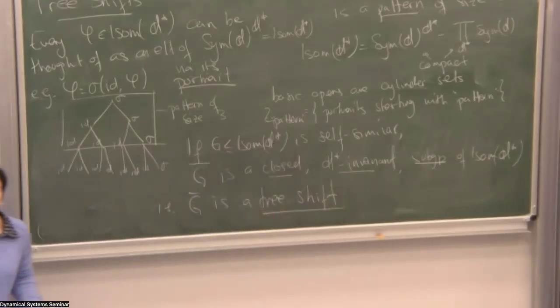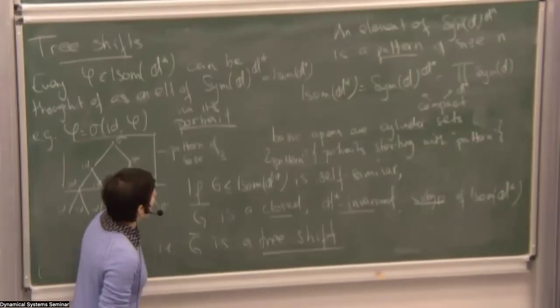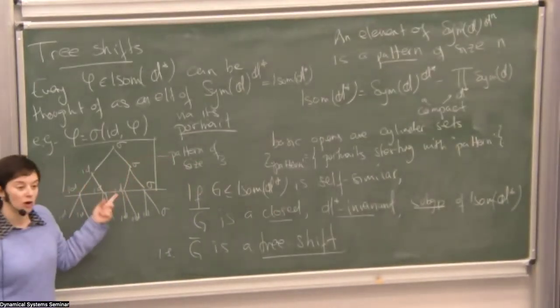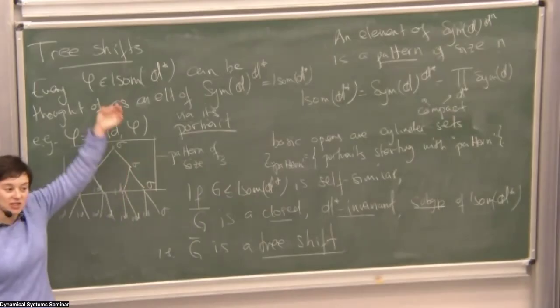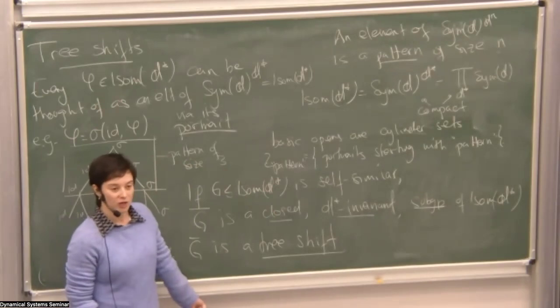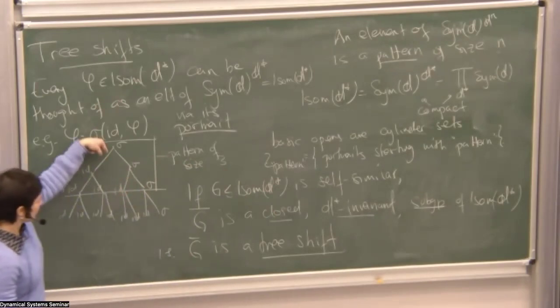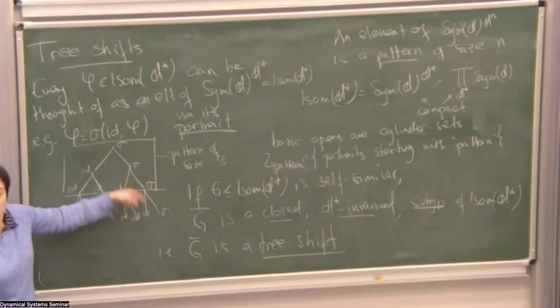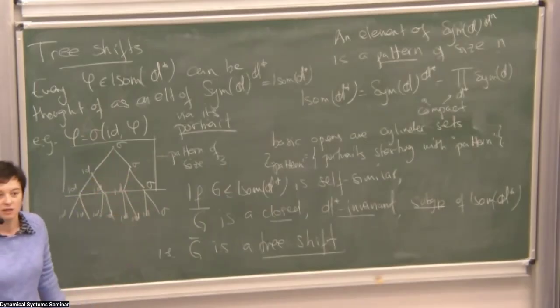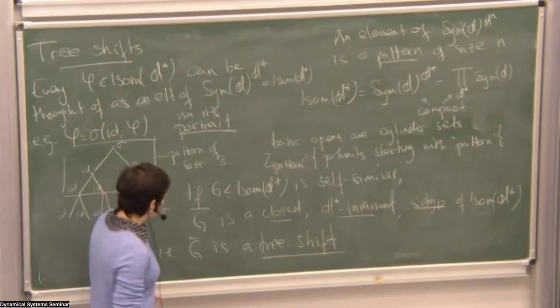So the dynamics people will know this because, instead of taking a binary tree, if I took a one-ary tree, which is just a line, then a subshift or a shift is a shift invariant collection of what I've called portraits, which are called configurations in dynamics, if I'm not mistaken.